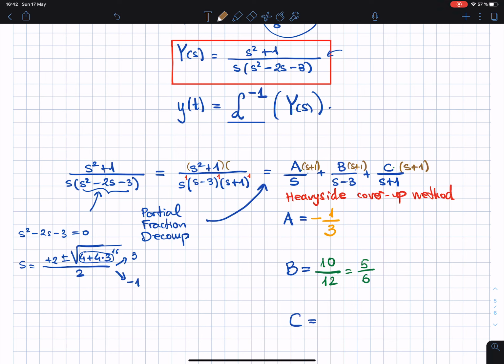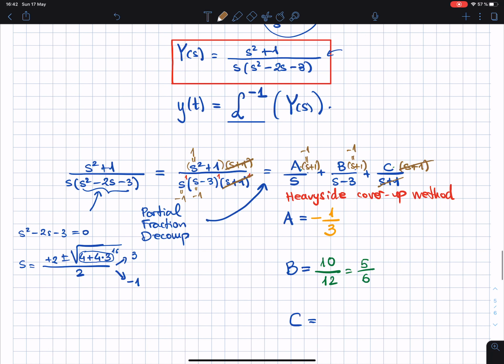When you do that, this term and this term simplify, this term and this term simplify, and then you will use the value s equals minus 1 here in the equation. Minus 1 times minus 1 is 1. Here you have minus 1 and minus 1.